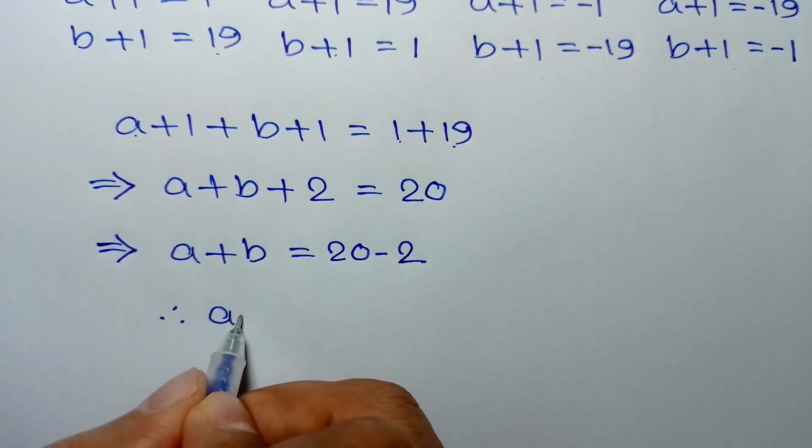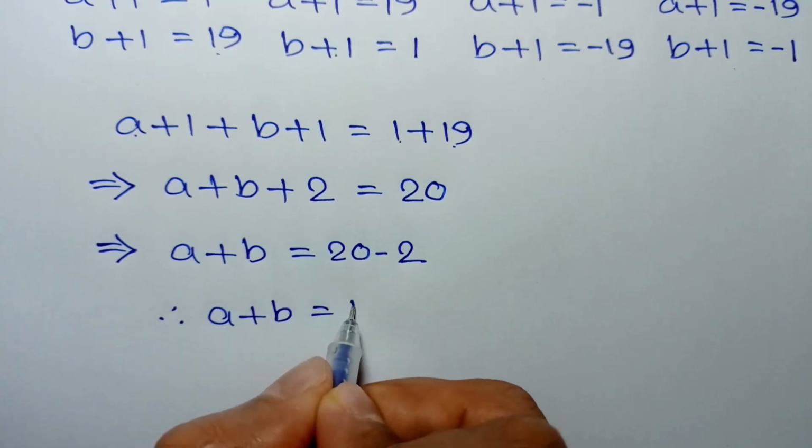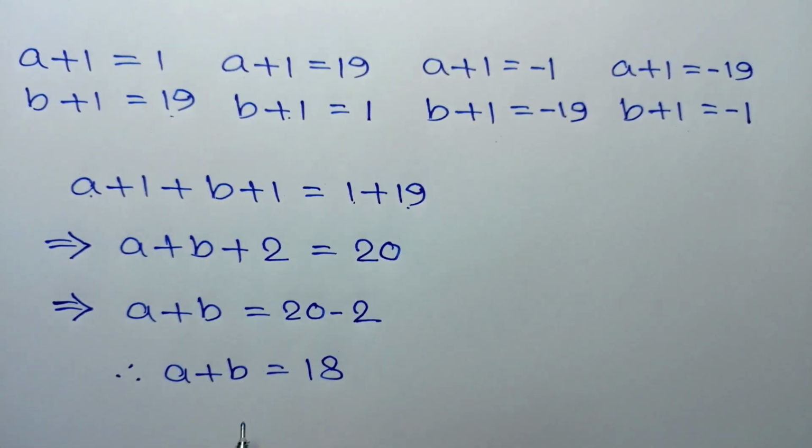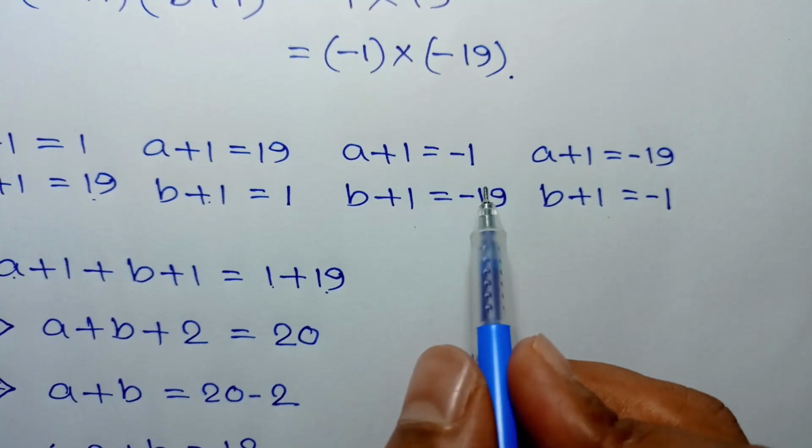So the value of a + b is equal to 18 for these two cases.